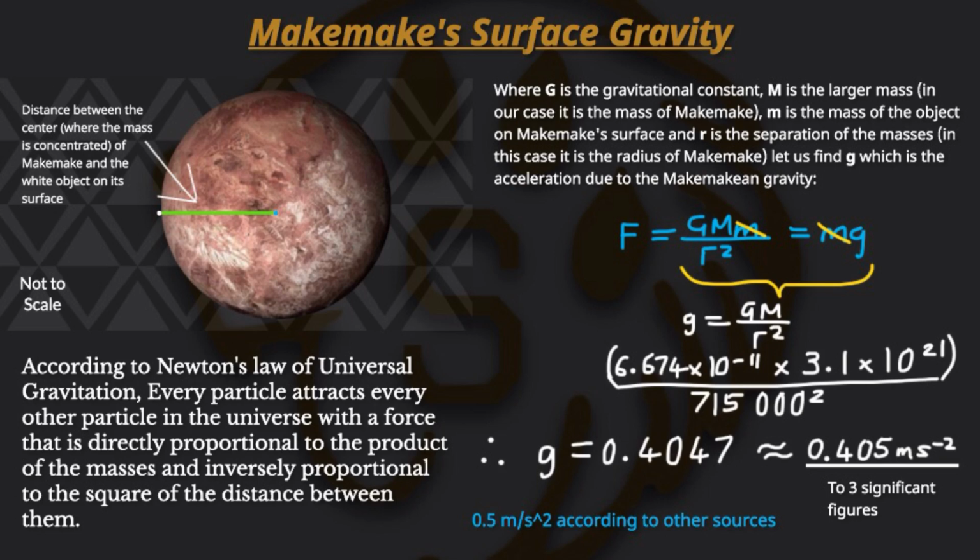That is 6.674 times 10 to the power negative 11, multiplied by the mass of Makemake, which is 3.1 times 10 to the power 21 kilograms, over 715,000 meters squared. Then we get g as 0.4047, which is approximately 0.405 meters per second squared, to 3 significant figures.